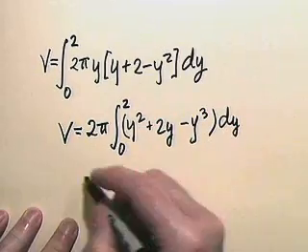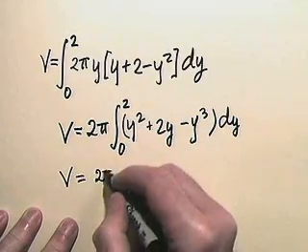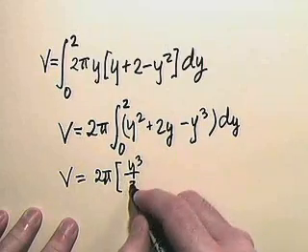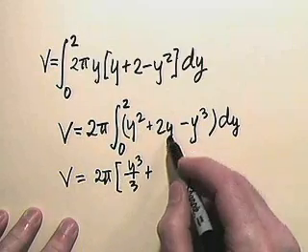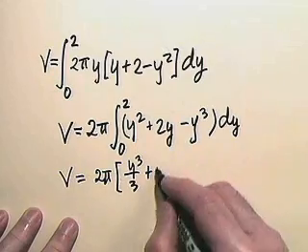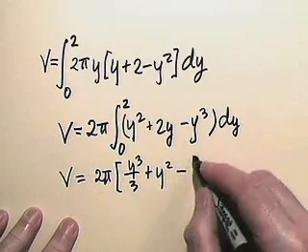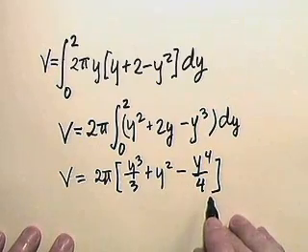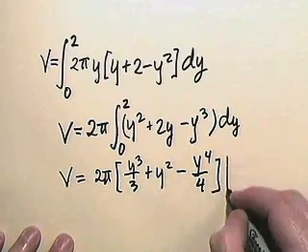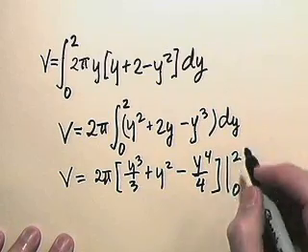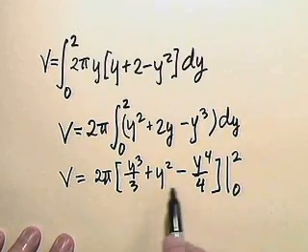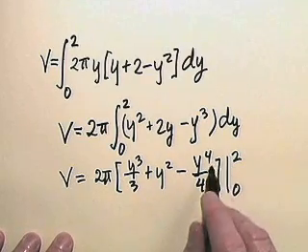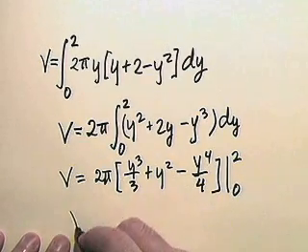So the antiderivative is 2 pi times the quantity y cubed over 3, plus the antiderivative of 2y with respect to y, which is y squared, minus y to the fourth divided by 4. And of course, this is to be evaluated between limits 0 and 2, and so that means, since obviously putting in 0 gives nothing, we just substitute in y equals 2, and that gives the answer.